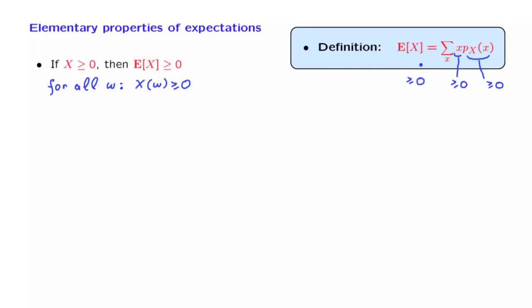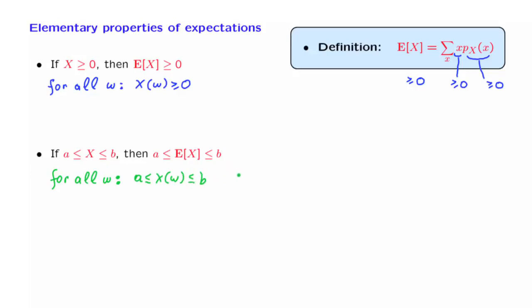The next property is a generalization of this. Consider now a random variable that has the property that no matter what the outcome of the experiment is, the value of this random variable lies in the range between two constants, a and b. In this case, we argue as follows.